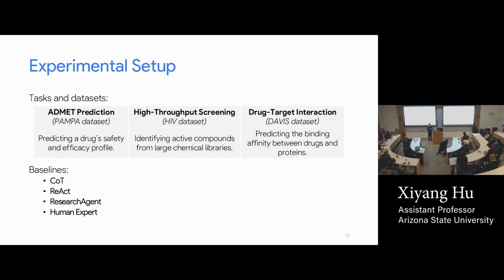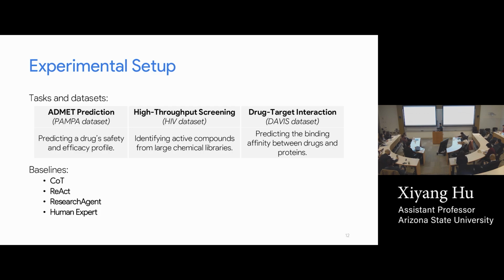So in order to evaluate our DrugAgent framework, we use three critical and representative tasks in pharmaceutical development. The first is called ADMET prediction. Basically, it predicts the safety and efficacy of a drug.